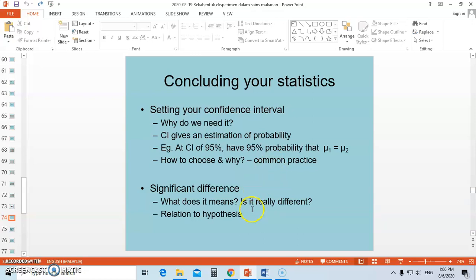But if we do not see a significant difference, then we do not have enough proof to say that it is different, even though the means are different. So what we should do is treat it as if it is not different.